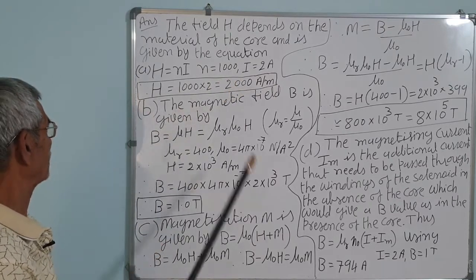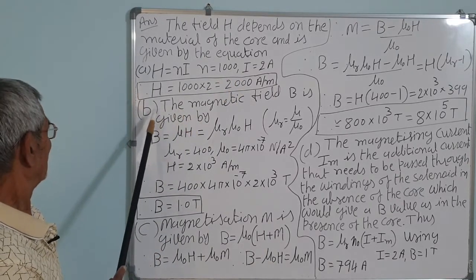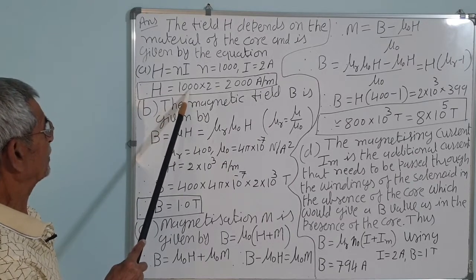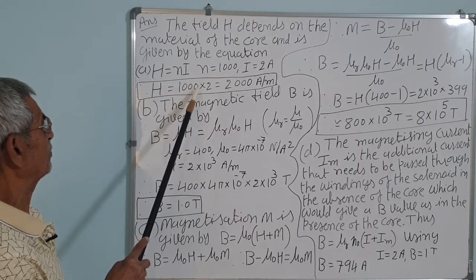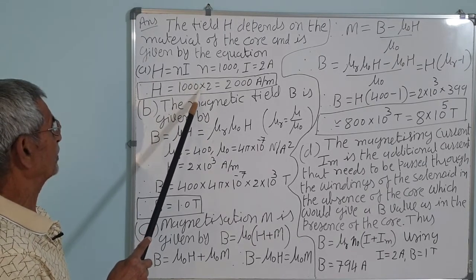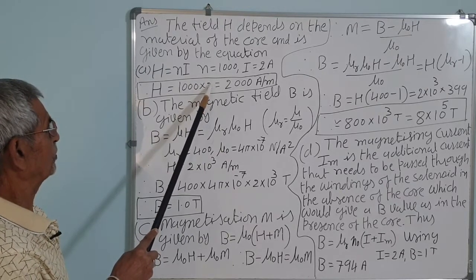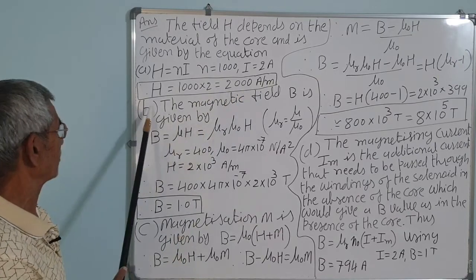So that is equal to 2000 ampere per meter, correct. Now this is turns per meter and this is ampere. So what is the unit? The unit of this is 1 upon meter, turns per meter, and the unit of 2 is ampere, current in ampere. So ampere per meter.